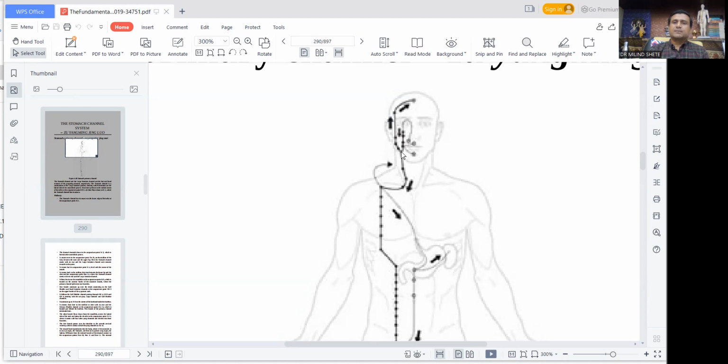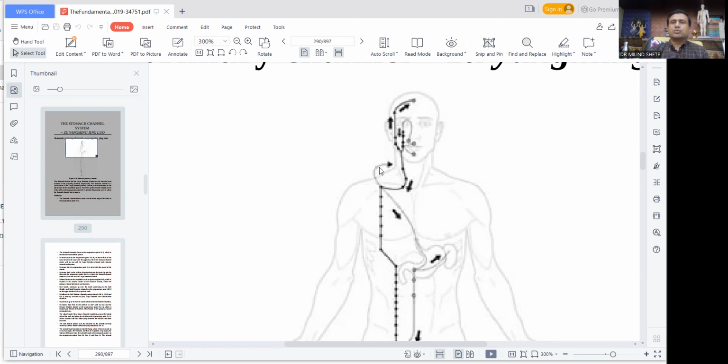Then the second branch from ST5 goes downward along the lateral aspect of the neck, and it comes to the supraclavicular fossa. Now it goes laterally up to the anterior nipple line, which is the ST12 point. From here, there are three branches.